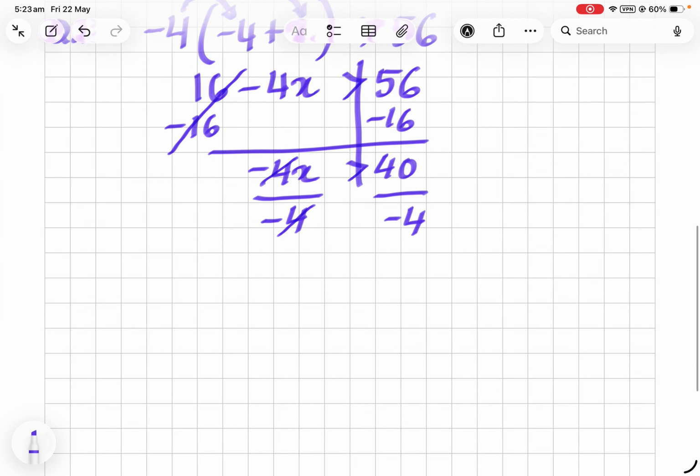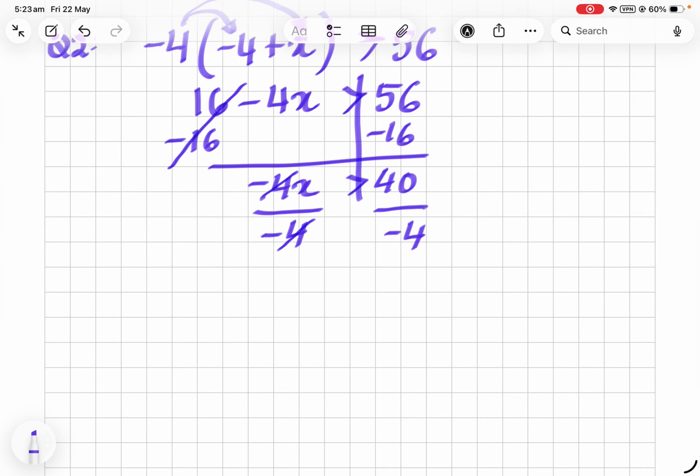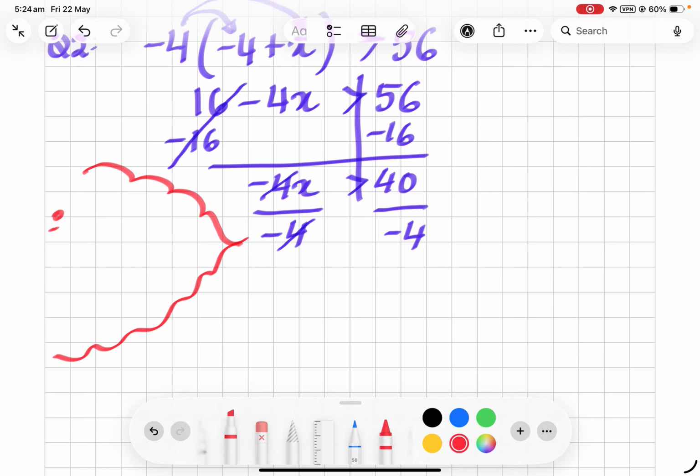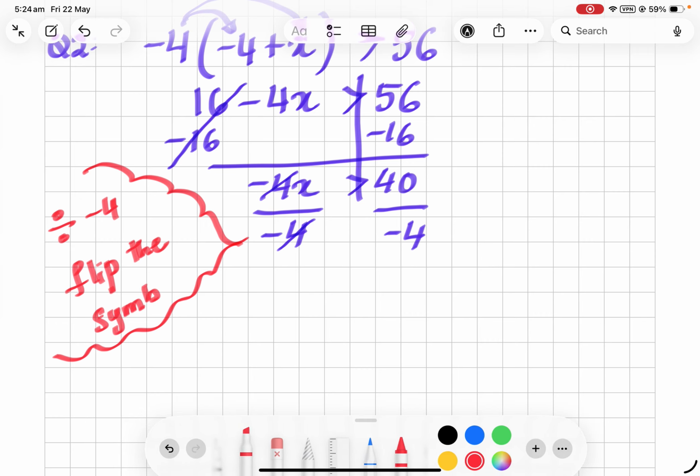Now when you are dividing by a negative number, this is the observation you need to make. Since you are dividing by negative 4, you need to flip the symbol of inequality.